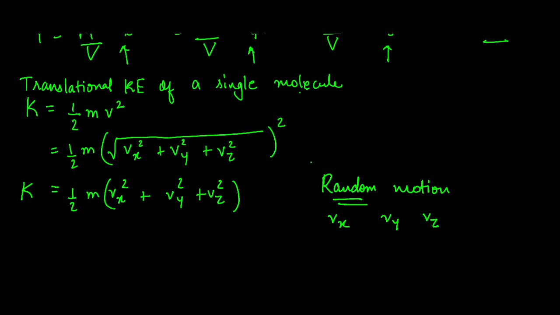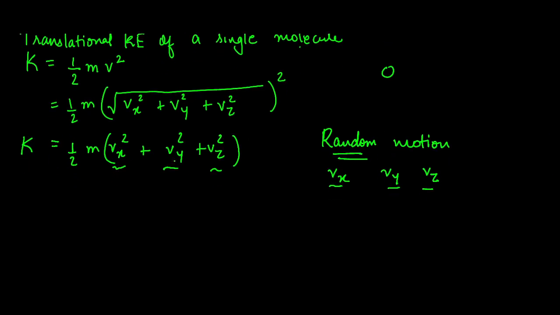What I mean to say is, even for one molecule, the value of Vx, Vy and Vz will change with time randomly, because of lots of collisions. If you observe a particular molecule, its values of Vx, Vy and Vz change rapidly, very quickly. So in such a case, writing the kinetic energy of a molecule like this is correct according to physics.